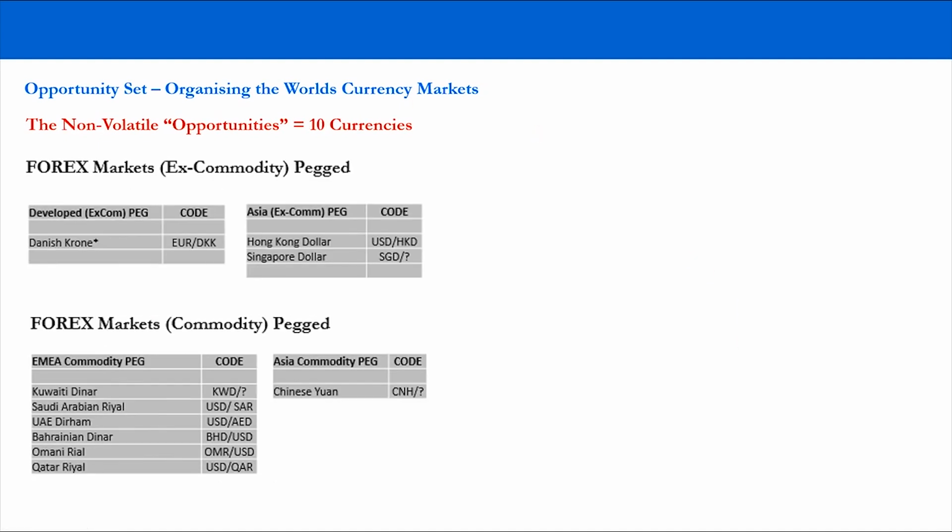And these are the ones that we're going to basically have to not consider as volatile opportunities. So we have here the ex-commodity pegged, which includes the Danish krone, the Hong Kong dollar, and the Sing dollar. And the commodity pegged currencies. So these are the ones that are not going to move. There's no volatility, or volatility is extremely small.